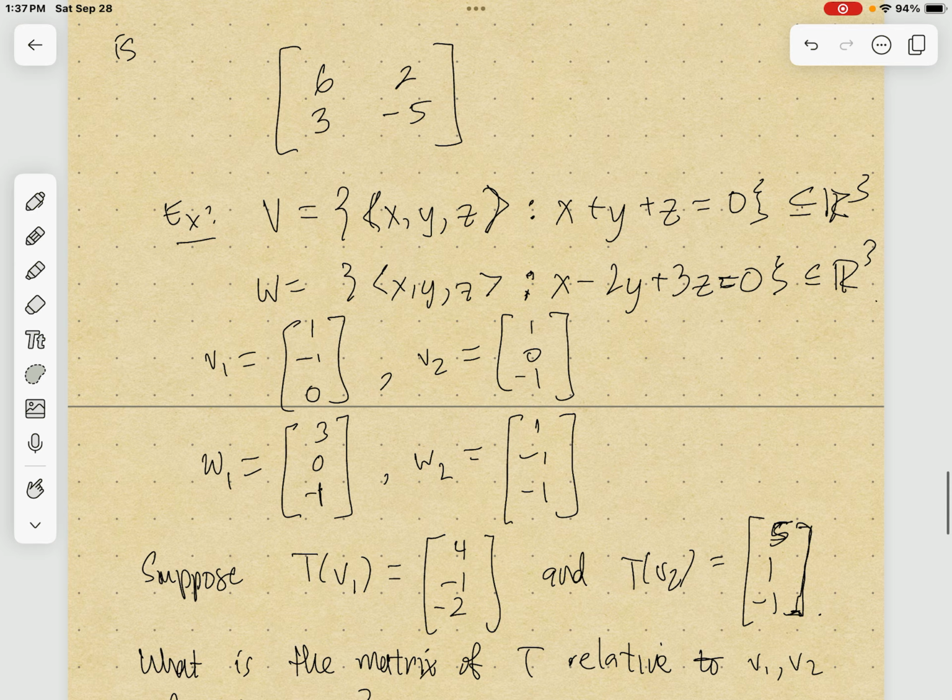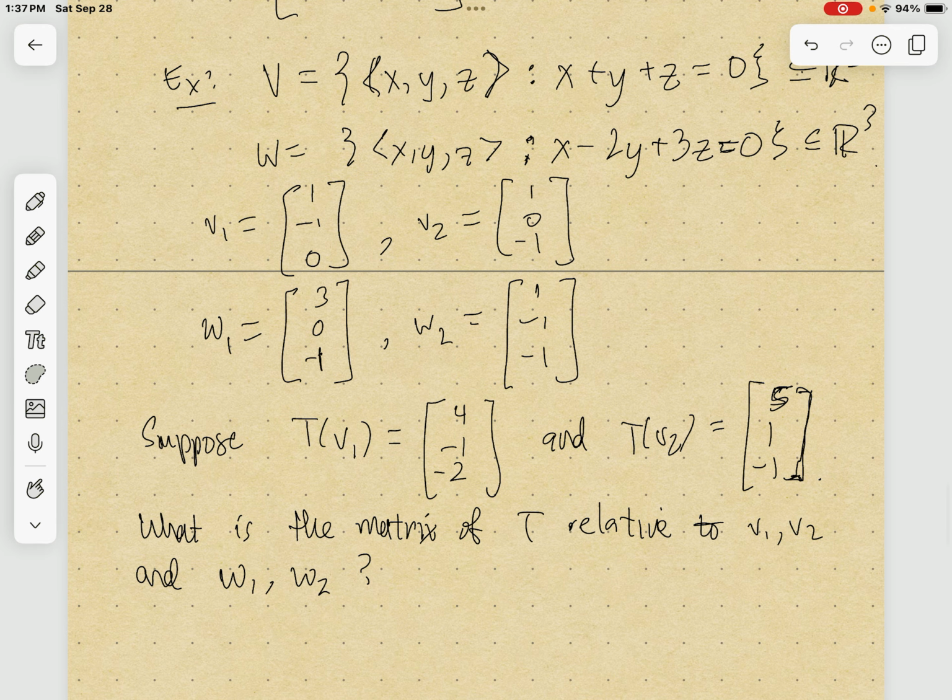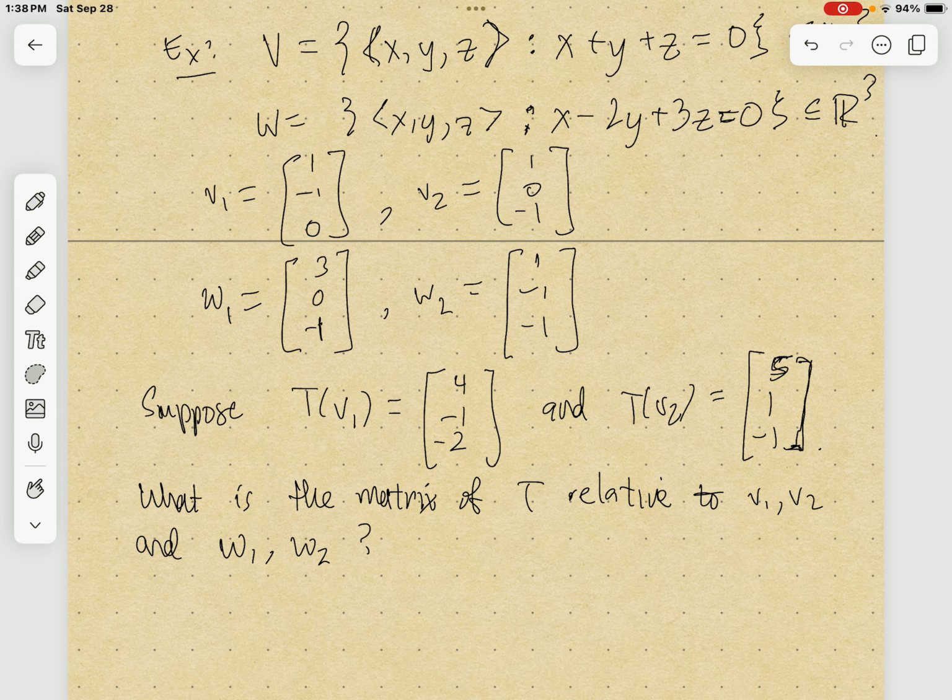In this problem, you're given the bases, but you're told what the outputs are just in R3, and it's not written as a linear combination of W1 and W2.